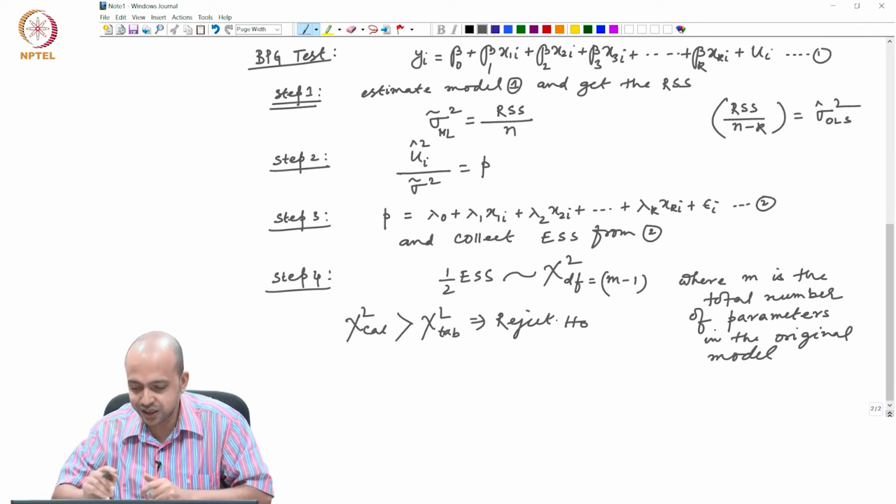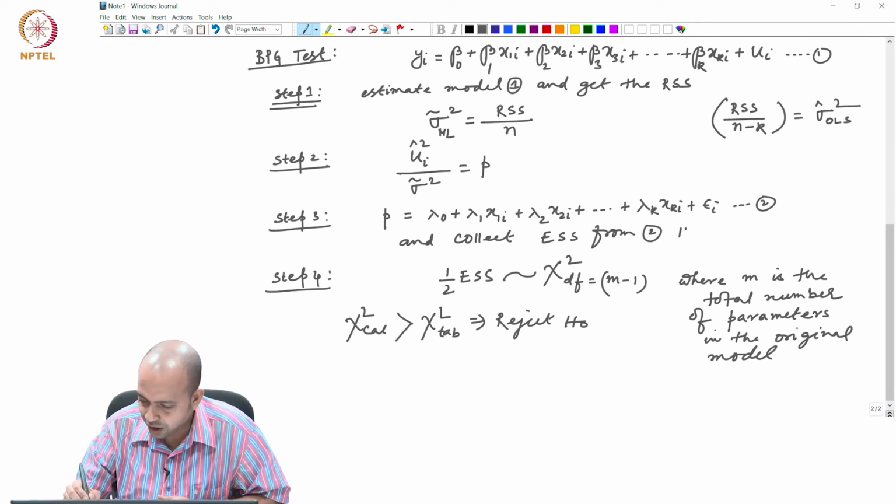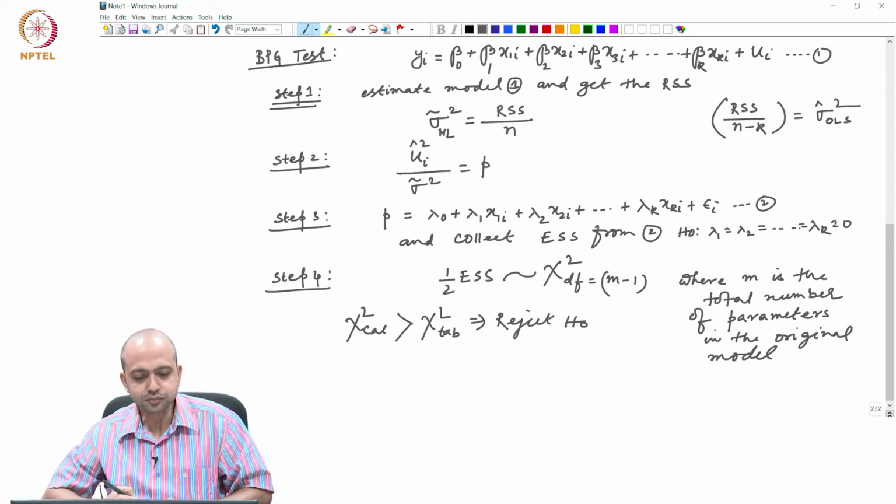So, from this model I am testing the hypothesis lambda 1 equals lambda 2 equals lambda k equals 0 or not, that I am testing, alright.